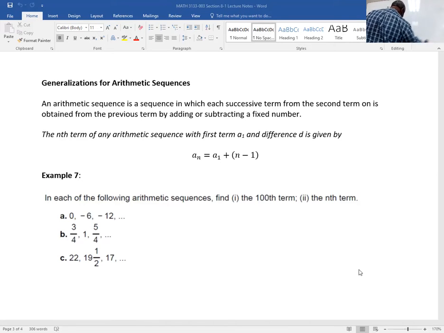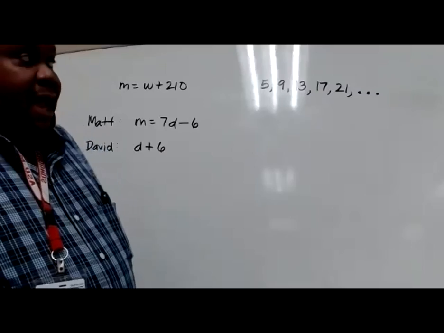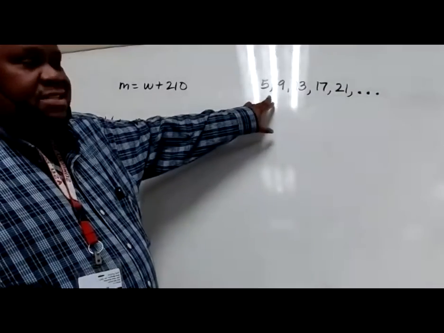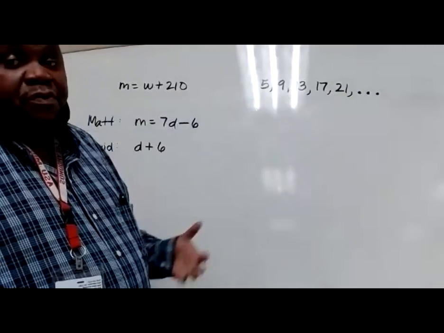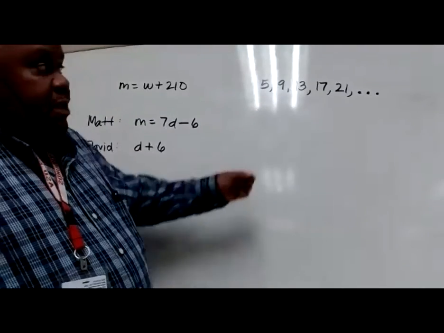So for such an arithmetic sequence, let's say we start with 5, and then 9, 13, 17, 21, and so on. That would be an arithmetic sequence, because we're adding the same number each time, which is called the common difference.